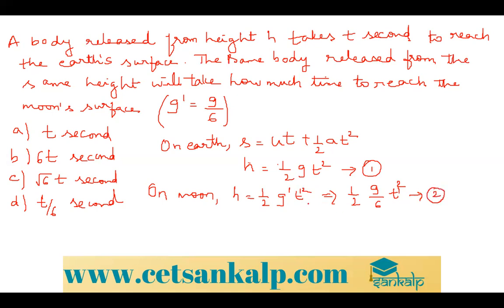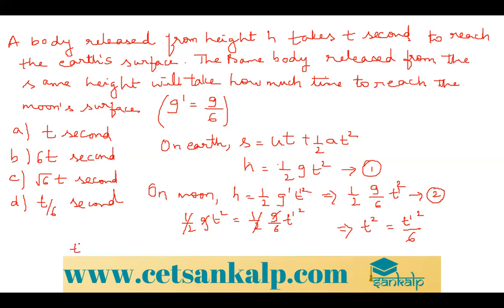Equating 1 and 2, you will get half g t square is equal to half g by 6 t dash square. So half and half get cancelled, g gets cancelled. So t square is equal to t dash square divided by 6.